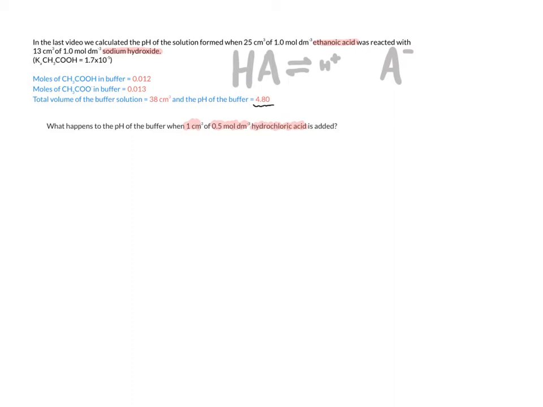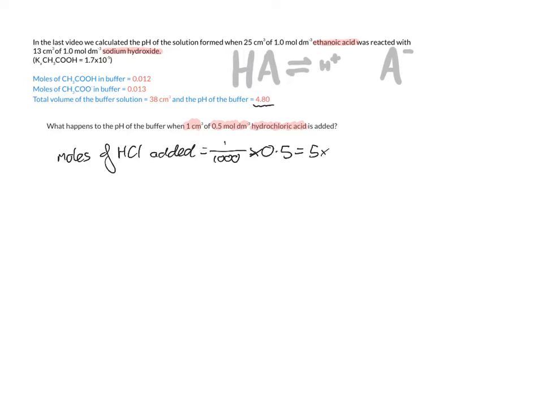Okay, so what do we need to do for calculation? Well, as with most calculations, first things first, work out moles of something. So, moles of HCl added is going to be 1 over 1,000 times 0.5.